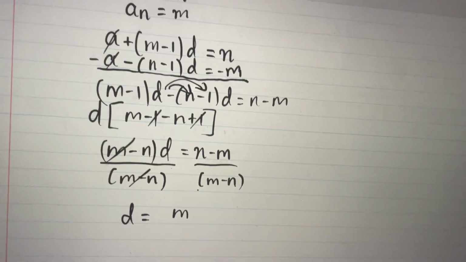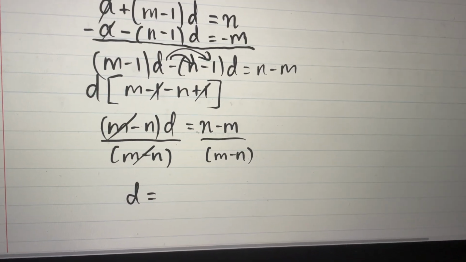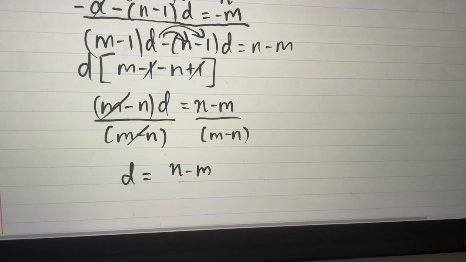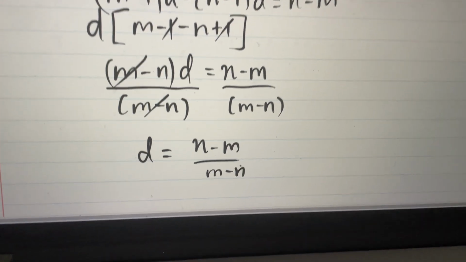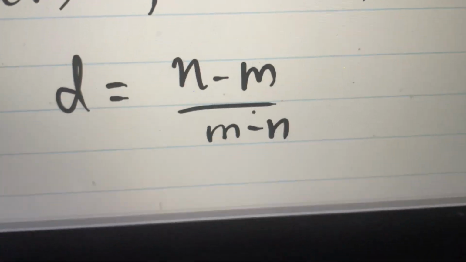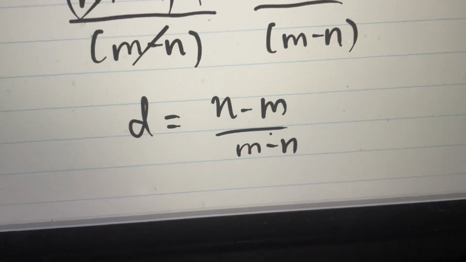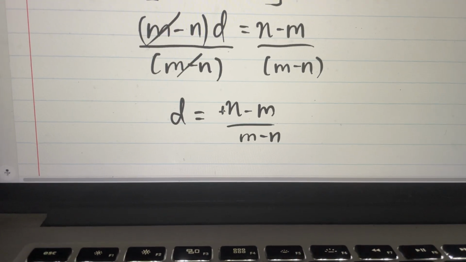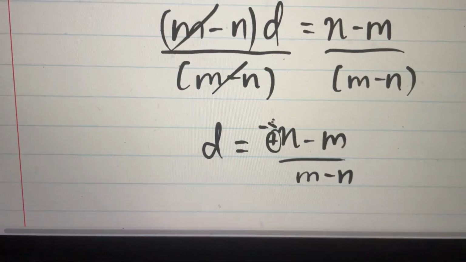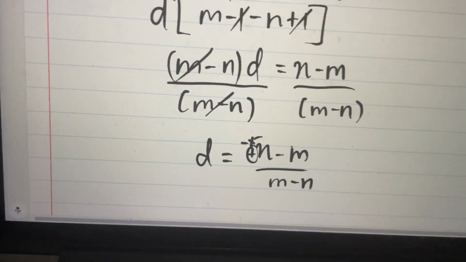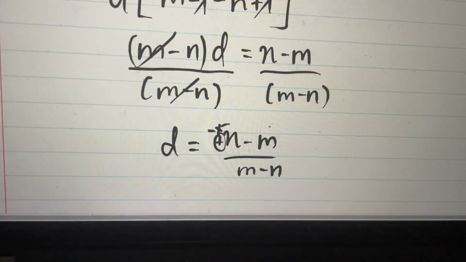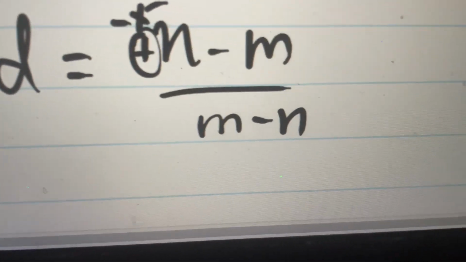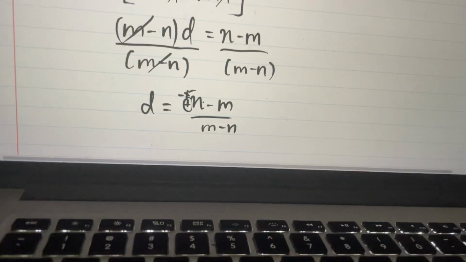So we have n minus m over m minus n, and I want to cut these two. How am I going to do it? Remember, this is plus. I can make them into minus times minus. Minus and minus is plus indeed. If I take the minus out, I'll get m minus n, and I can cut.